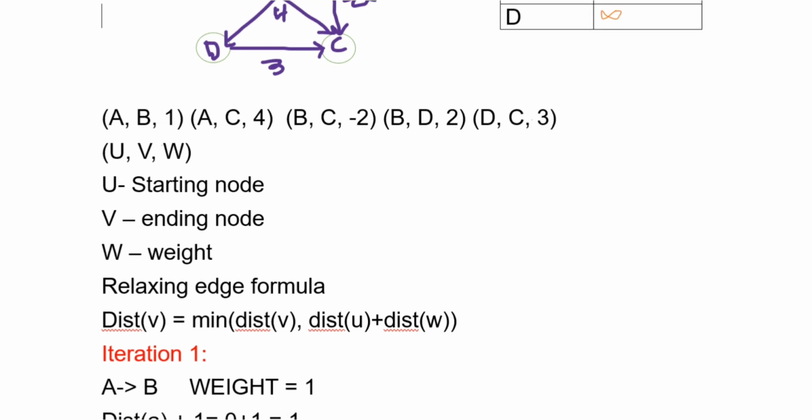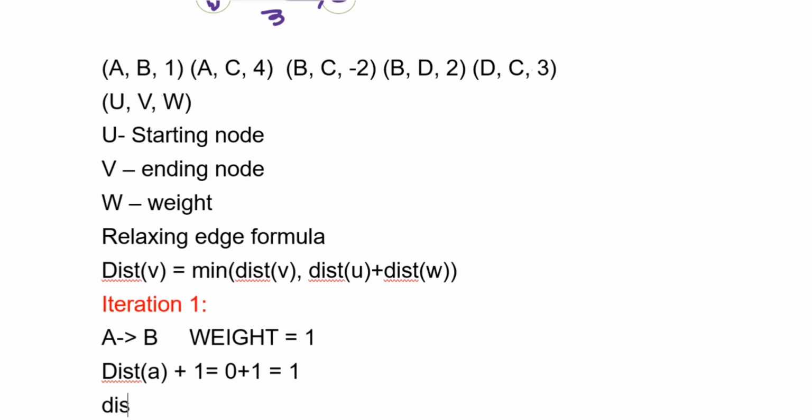The current distance to B is infinity, since the vertex is initialized to infinity. The distance to B through A is distance of A, which is 0, plus 1, equal to 1.